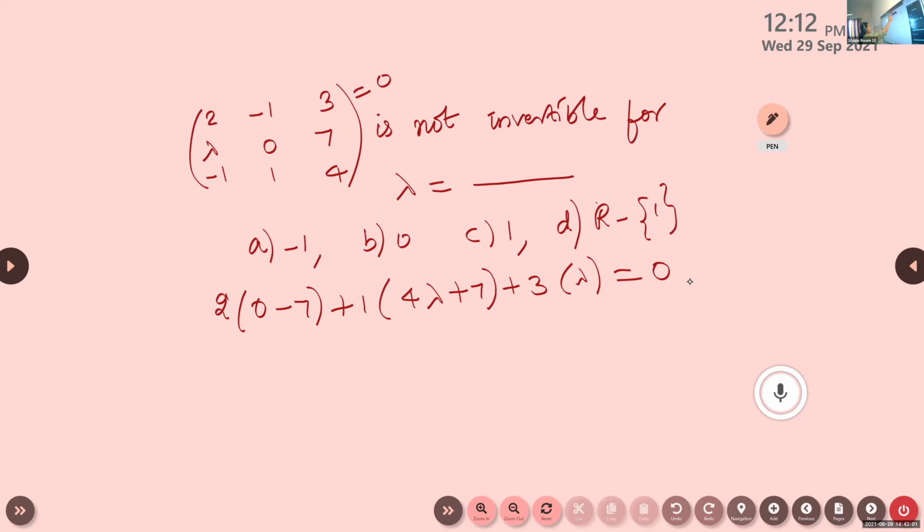What is the value of lambda? 1. Okay, write the next one.